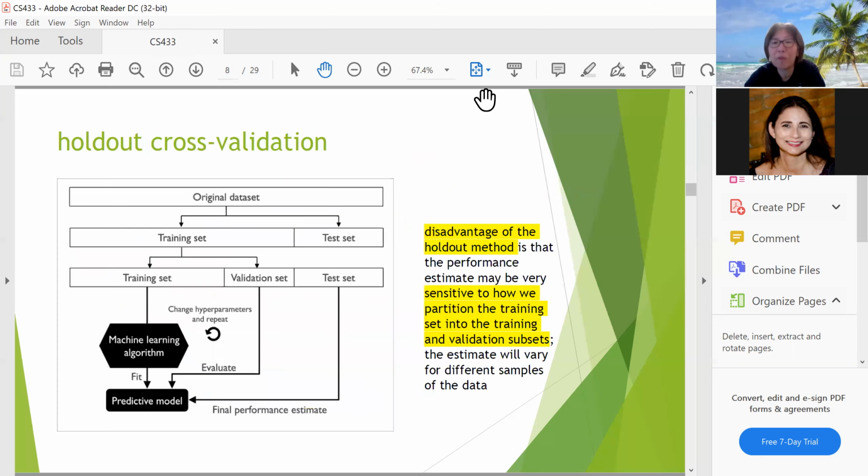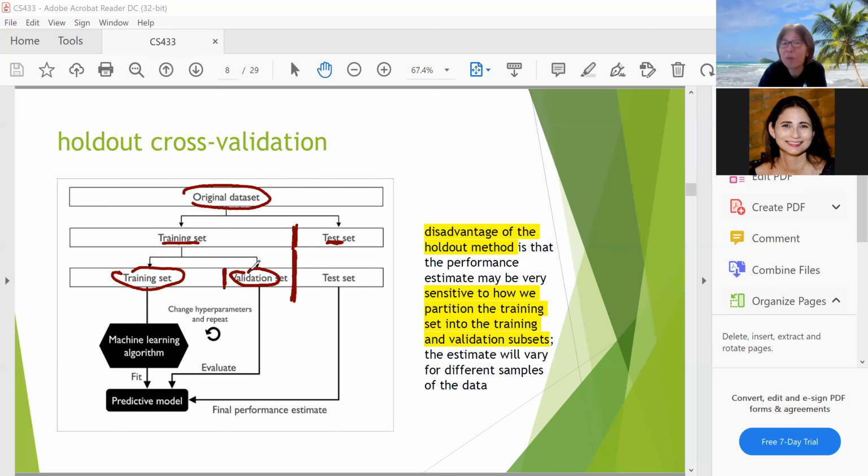So let's see what is called holdout cross-validation. Here it shows the original data set, which we previously split into training and testing. The holdout is for the training part, which we further split into training and validation parts.